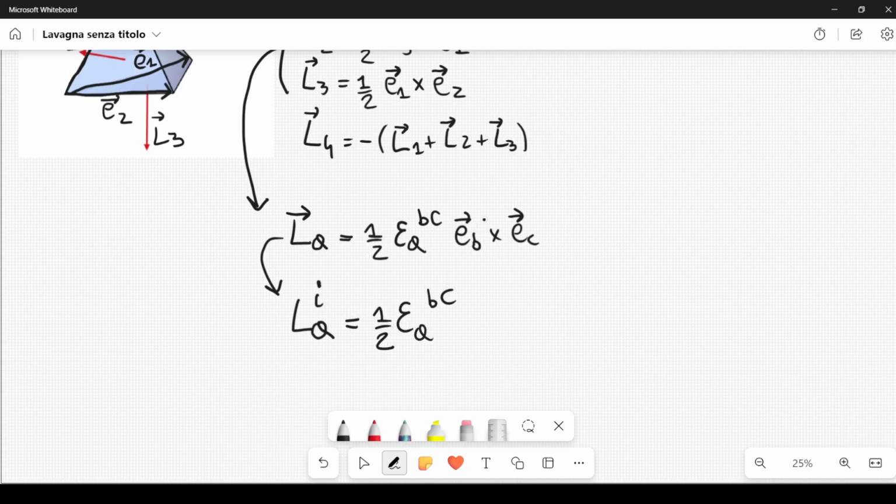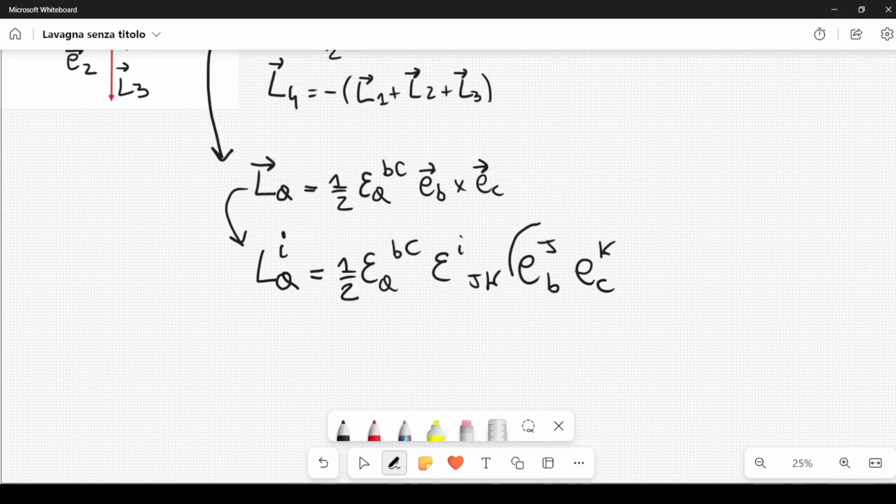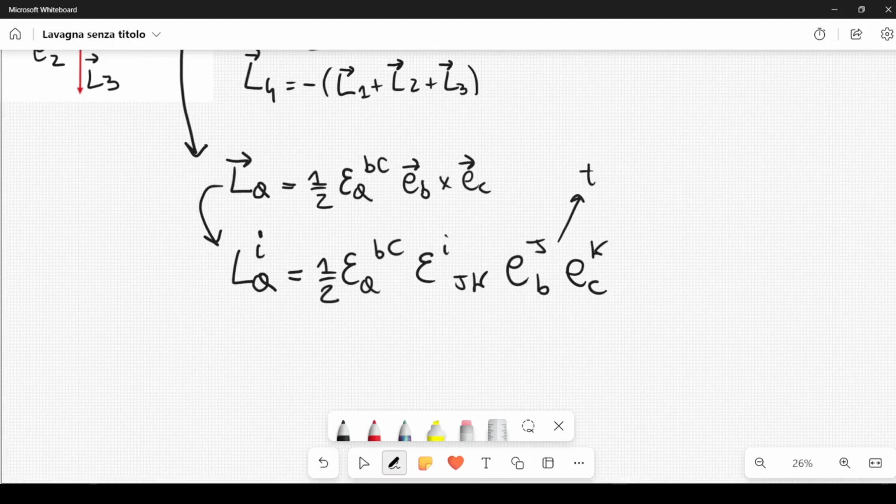I have another Levi-Civita symbol because here I have this cross product, and then I have the components of E_B and E_C. So I can write epsilon_{IJK} E^J_B E^K_C, like this. These elements here are also known as the triads.